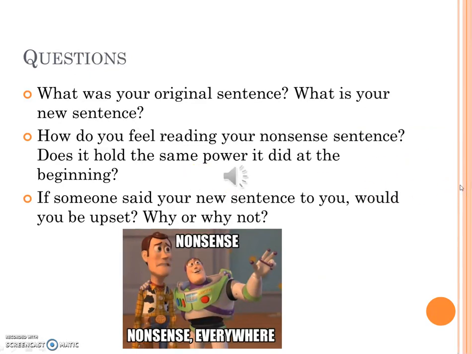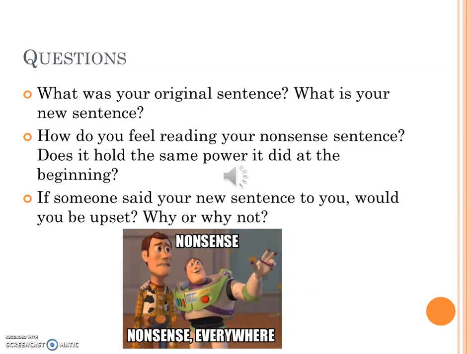These are the questions I included for the activity. First, what is your original sentence? What is the new sentence? And then the next response would be, how do you feel reading the nonsense sentence? Does it hold the same power over it as it did at the beginning? And the hope in this is no, even though it is made up of the same stuff, it no longer has the same meaning it did before.